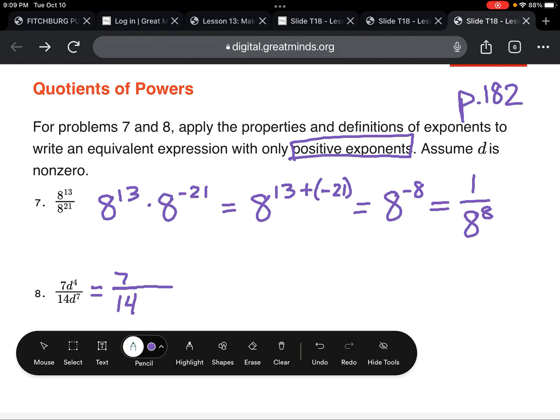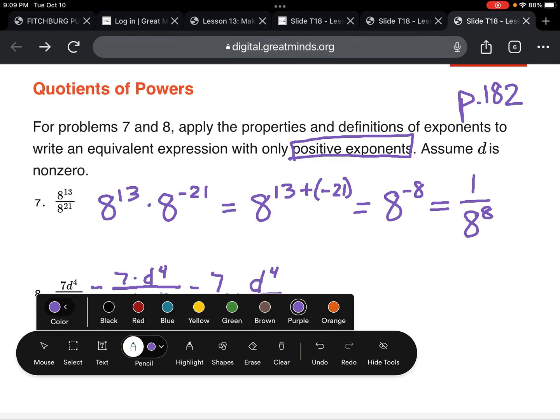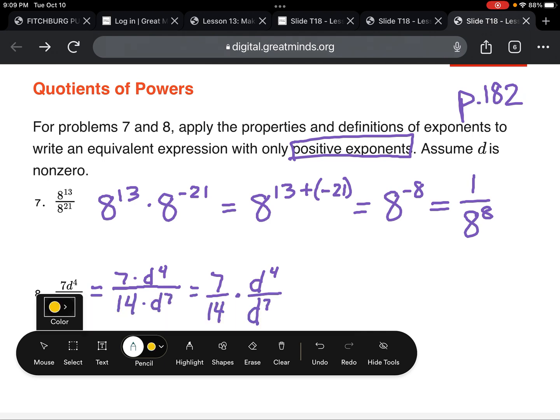I'll write it all on the top first. 7D to the 4th power is like saying 7 times D to the 4th power over 14 times D to the 7th power. And I can split that up into different fractions if it's easier to see. I know that 7 divided by 14 is equal to 1/2. So I can simplify that one right away.